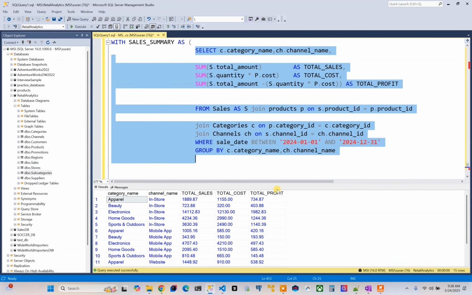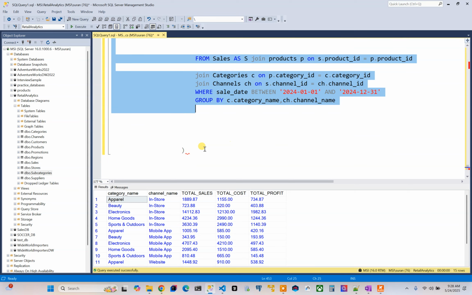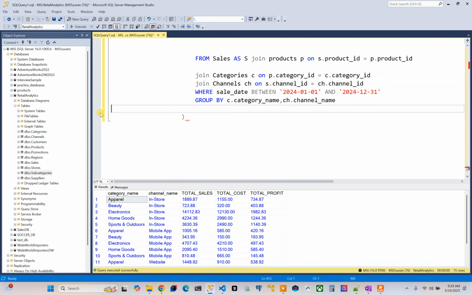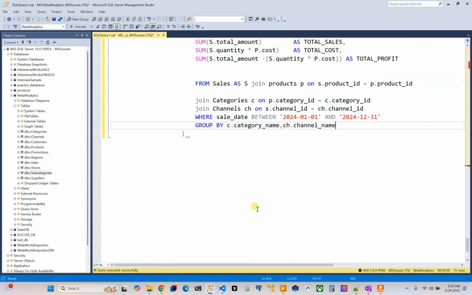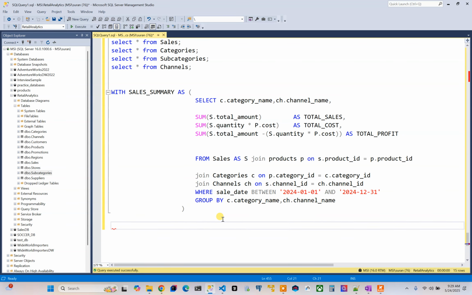Okay, now we'll hide the query. So here you can see we have received all this metrics based on this customer category name and channel name. Okay, great. Now we want to give the rank based on the category name in this channel. So in order to do that, I will use rank function, select from this CTE summary.